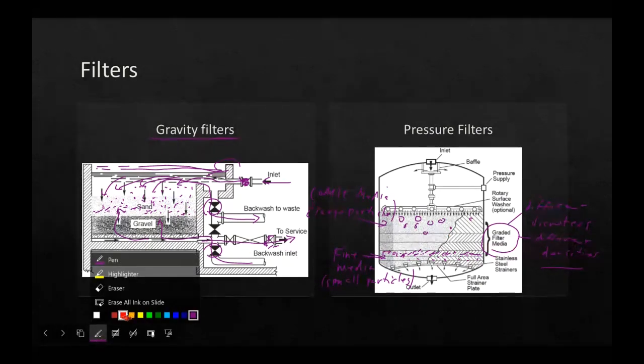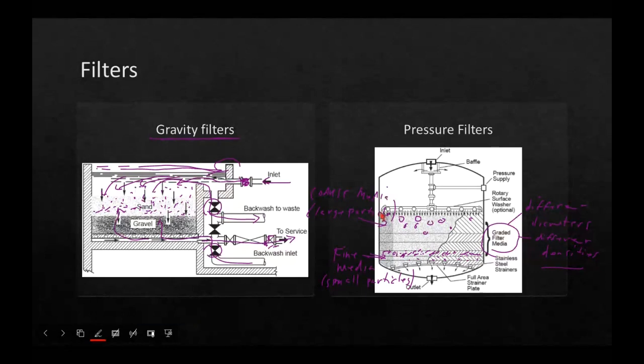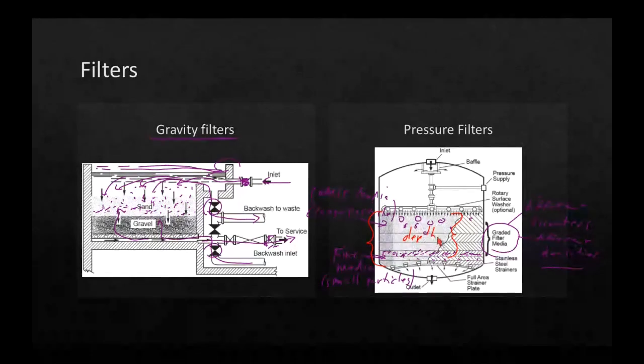So why do we want this? We want this so that we efficiently use the entire depth of the material. Okay, so you've got a particular bed depth. And what we do not want is called face loading.